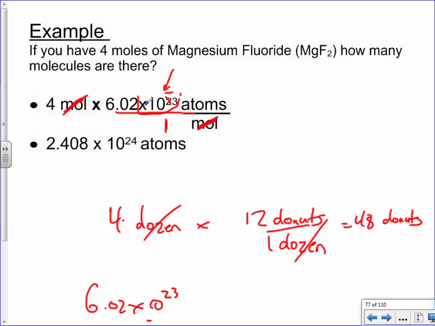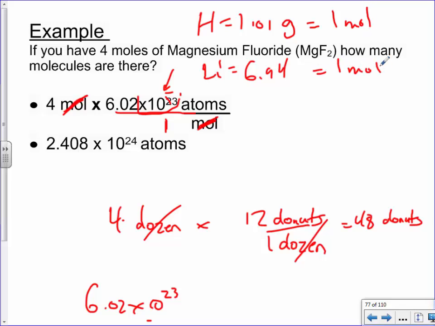That's where those molar mass numbers come in, like hydrogen being 1.01, and let's pick a different one, lithium is 6.94. These are how many grams you get in 1 mole.